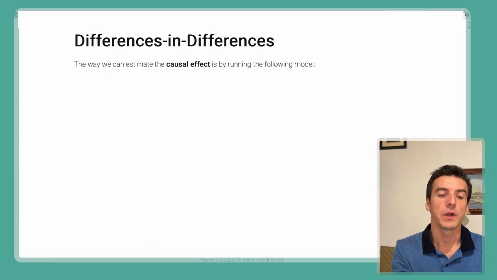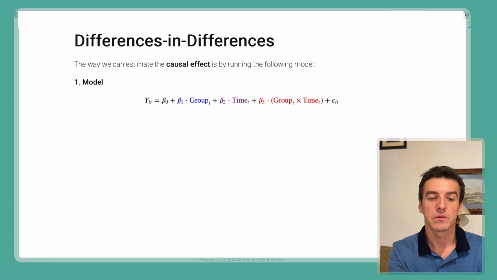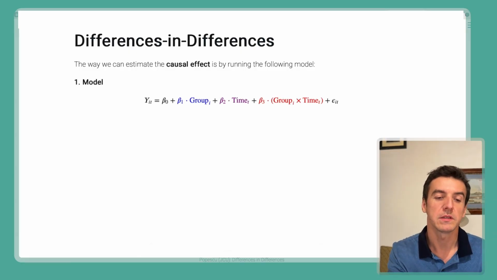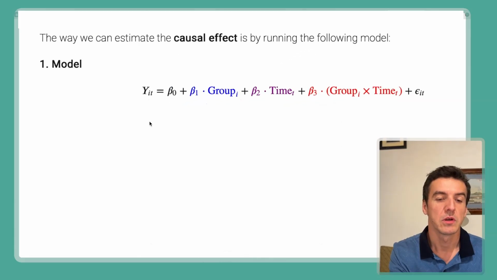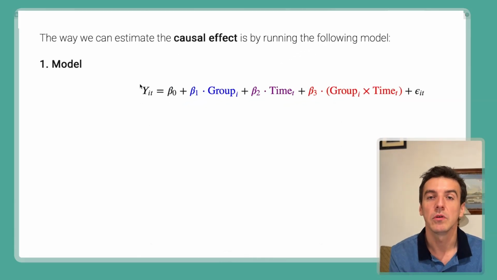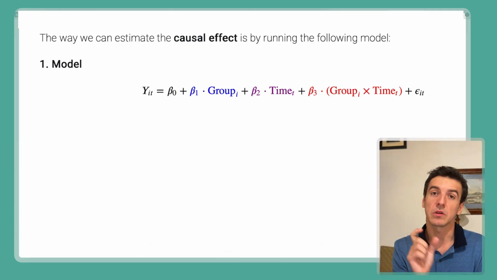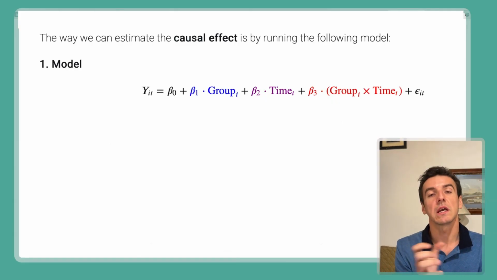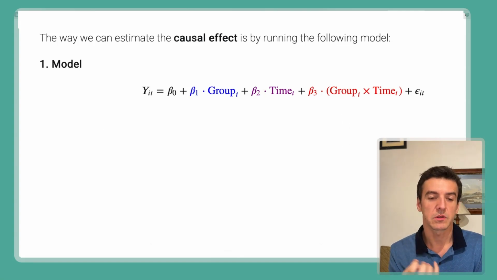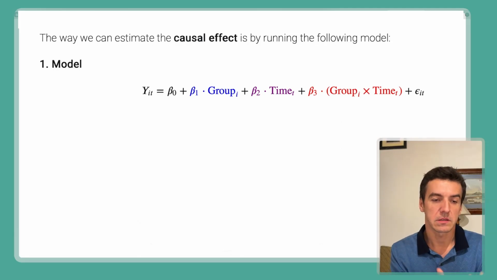So we can estimate the causal effect by using the following model. We can write this econometrically in this manner. You have a dependent variable, y_it. The subscripts it represent the cross-section and the time unit, so in this case, we're dealing with panel data. The i is the index that captures the unit of analysis; in the Card Krueger example, that would be the state.